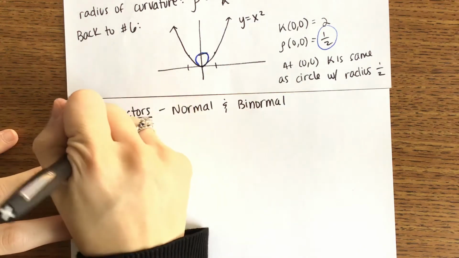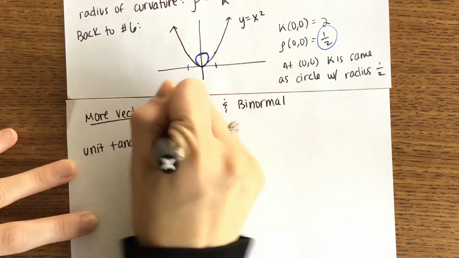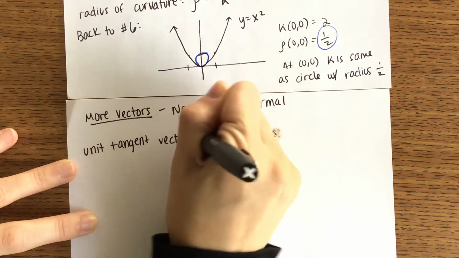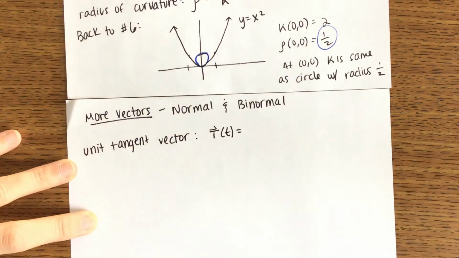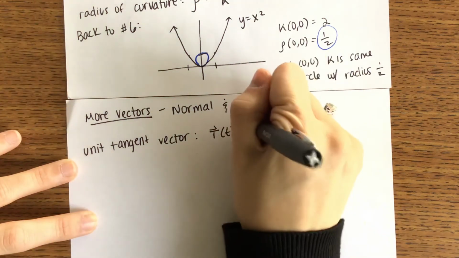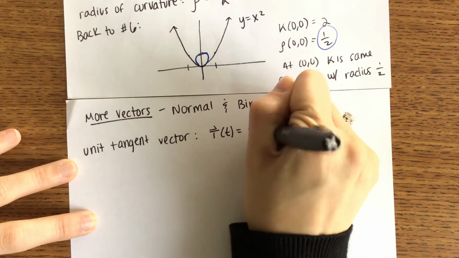First important vector we already talked about, and that's the unit tangent vector. So that was big T of t. That was equal to r prime of t divided by the norm of r prime of t.